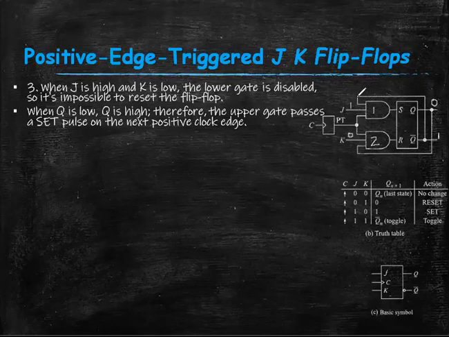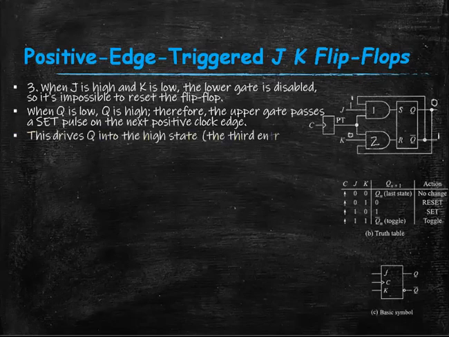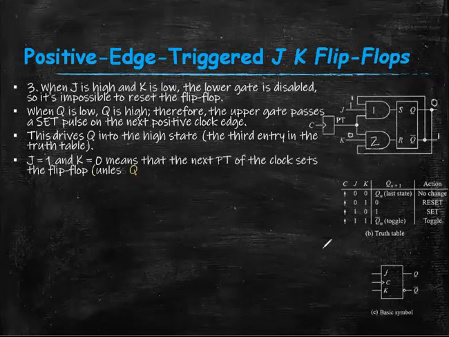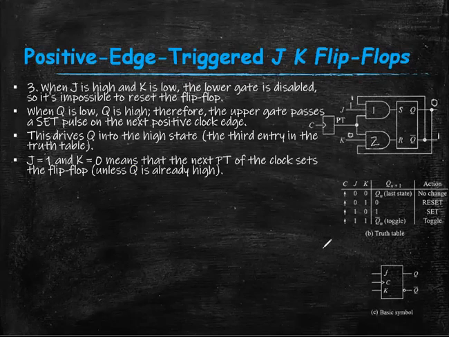Q bar is fed into the upper AND gate, and for the next positive pulse of the triggering, the flip-flop must be set. Then the case J is equal to 1, K is equal to 0 means that the next positive triggering of the clock sets the flip-flop.